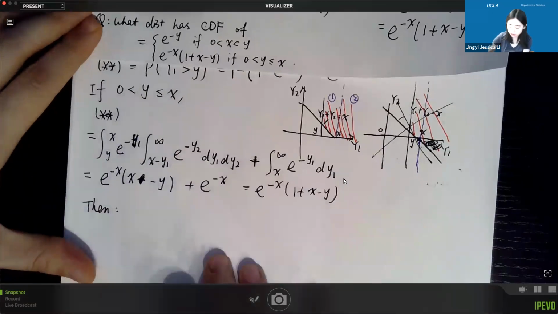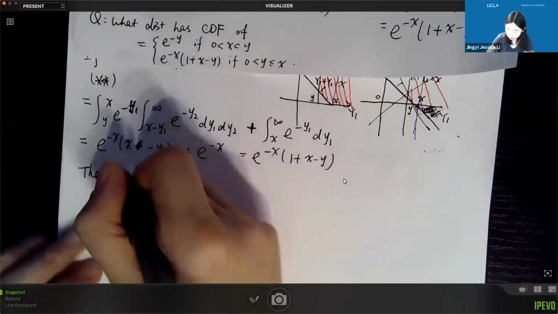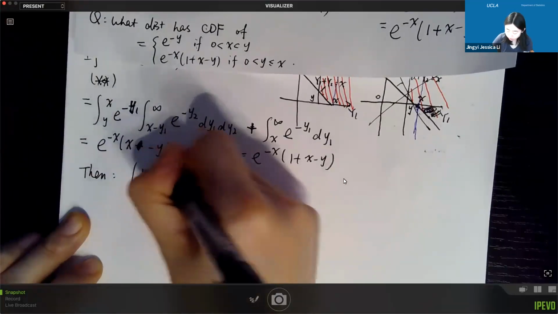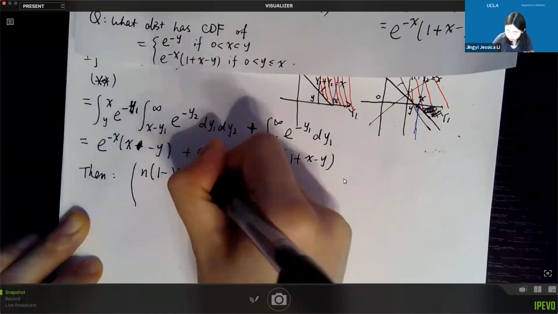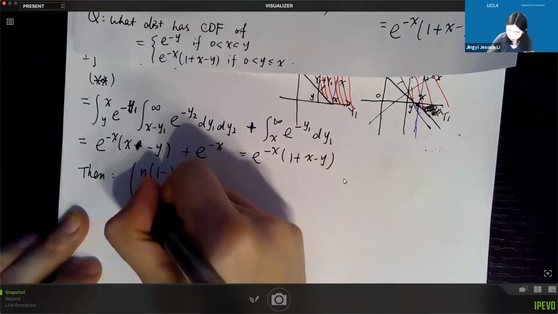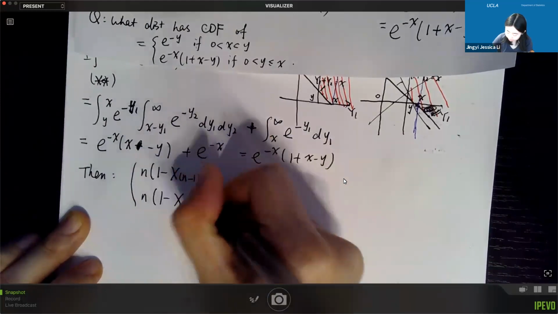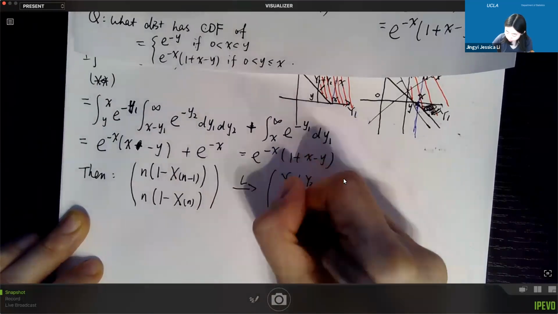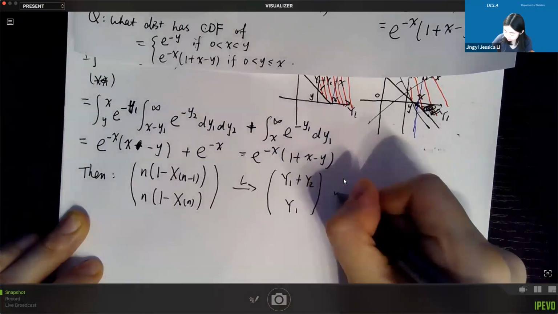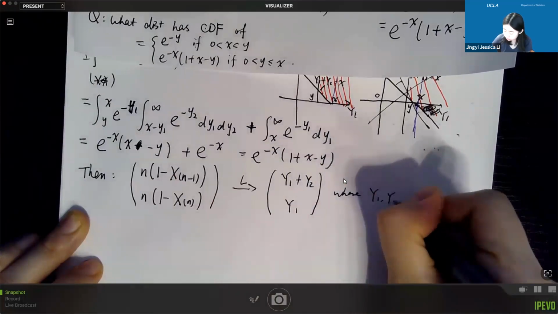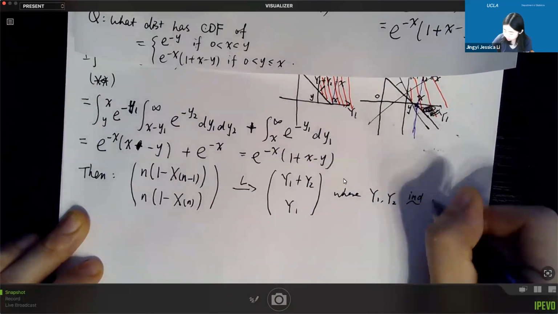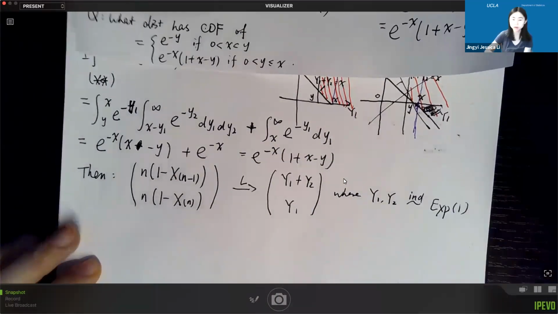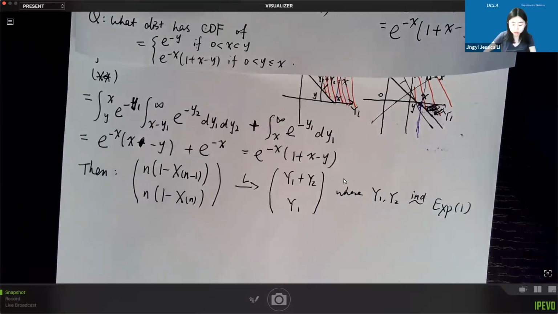So in conclusion, we verified the guess I gave in the beginning, that is the joint asymptotic distribution of n times (1 minus x_(n-1)), the second maximum, and n times (1 minus the maximum). These two things are converging in law to y1 plus y2 and y1, where y1, y2 are independent exponential 1 random variables. So in other words, this is the very interesting conclusion we reach about these order statistics.